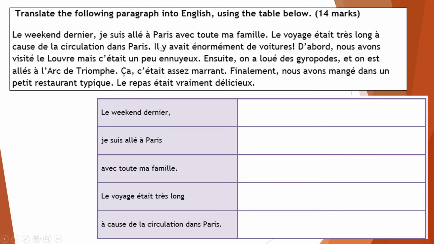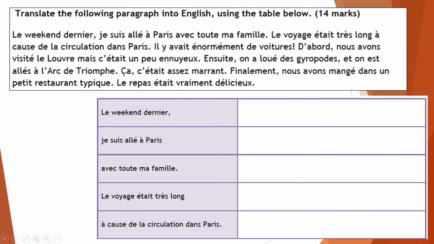Il y avait. Now, il y a, what does that mean? In the present tense, what is il y a? And I know I'm now in the past. Il y avait. So hopefully you know that part. Il y avait énormément. Any word that ends in ment is like ly in English. It's like finalement, finally. Well, enormously, that doesn't really make sense, does it?